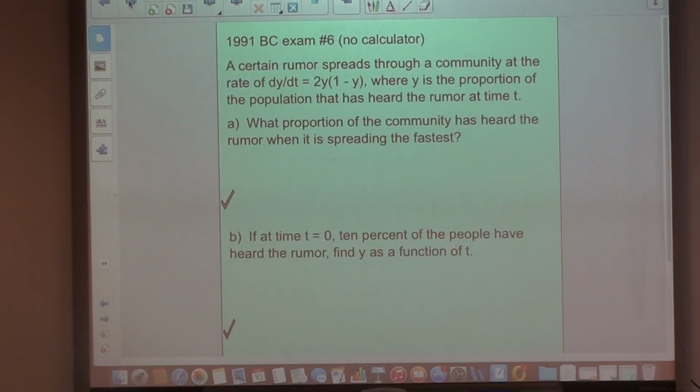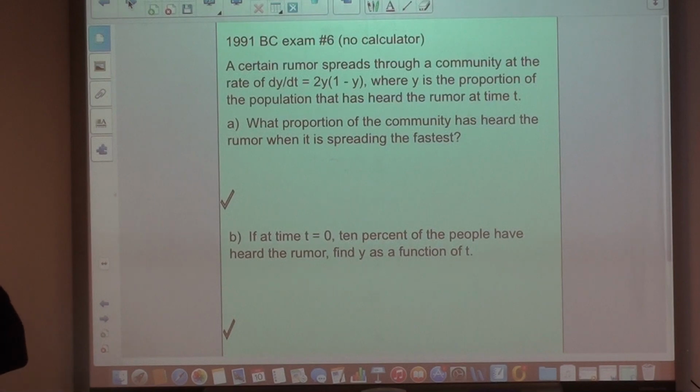A certain rumor spreads through a community at the rate of dy/dt equals 2y times (1 minus y), where y is the proportion of the population that has heard the rumor at time t. What proportion of the community has heard the rumor when it is spreading the fastest?